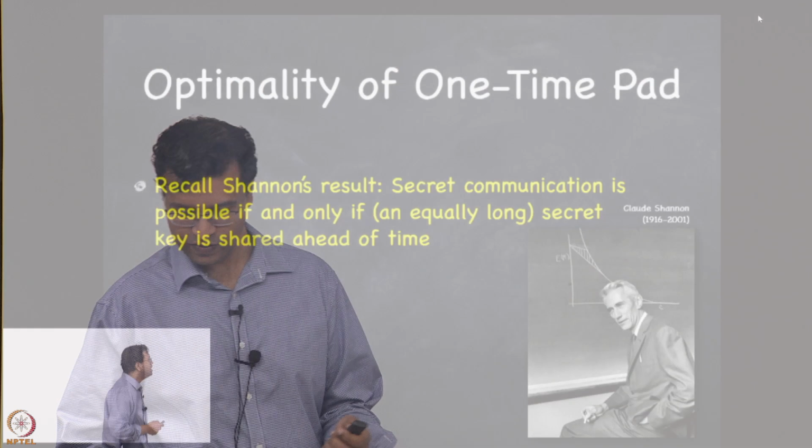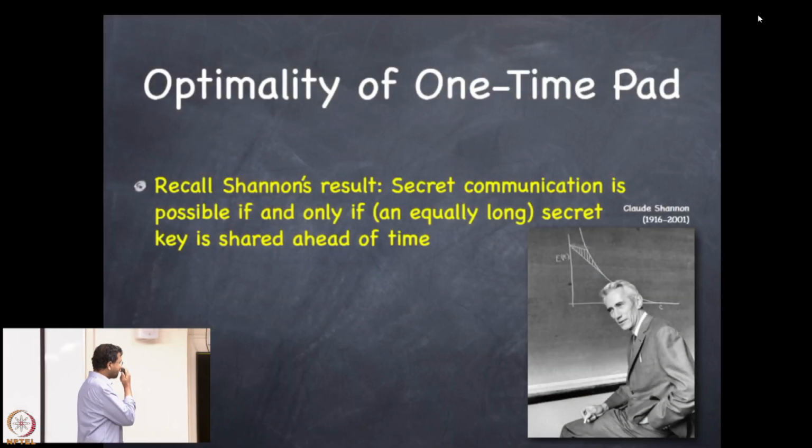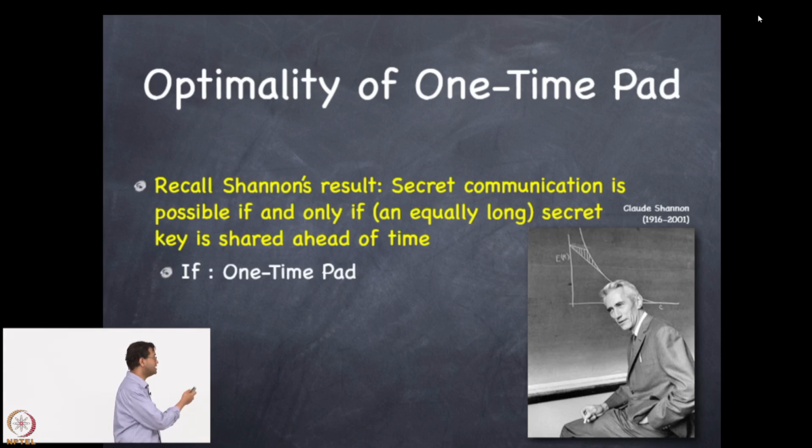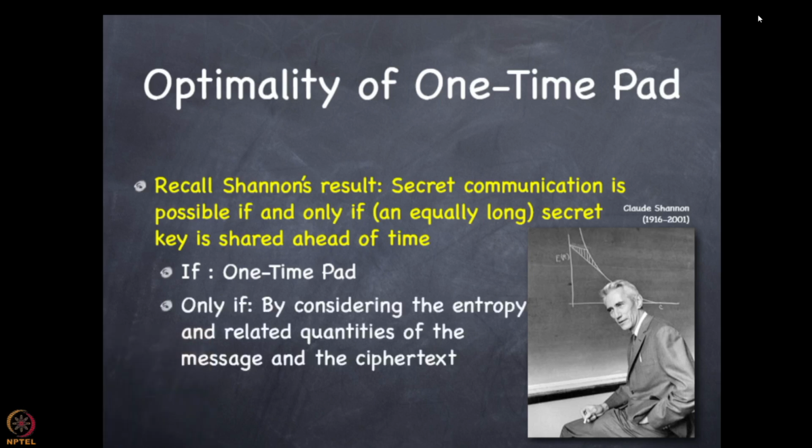Any other questions? Okay, so the one-time pad, in some sense, is optimal. Shannon said, if and only if you have this long a key can you do encryption. The one-time pad tells you how to do it if you have a key. But there's another part which we are not going to do today, which is that you need this much key.